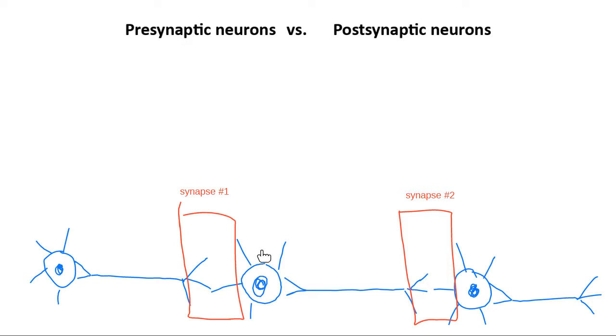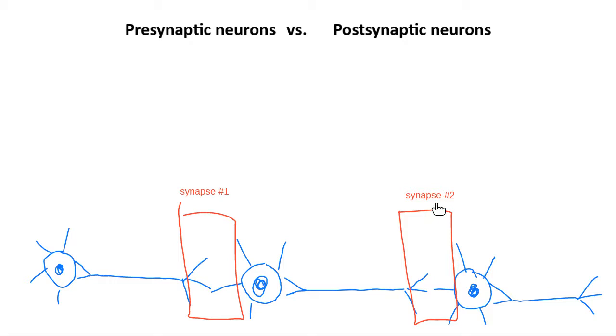But here's the kicker, right? Where it gets a little crazy. This neuron receives the messages here at synapse number 1 and says, OMG, I have got to talk to my neighbor about this. This is way too interesting. Suddenly, this neuron is bringing the message to synapse number 2. It's bringing it to a place where it can share its message with somebody else.